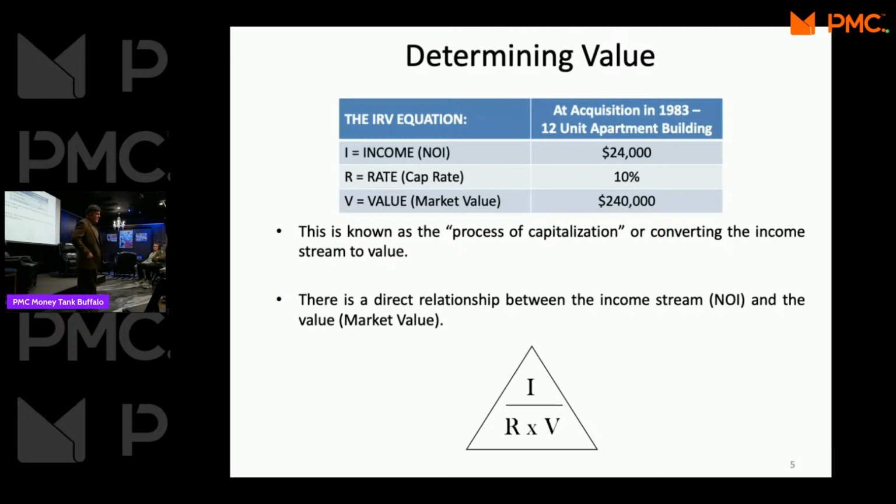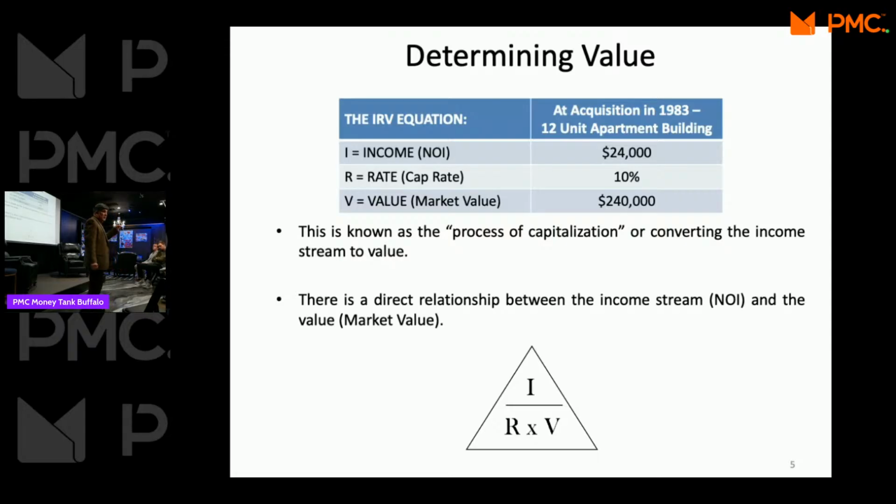Now, depending on where you've been schooled, like if you've been schooled through the Institute of Real Estate Management, the concept is the same, but they use different terms. If you were schooled through the Commercial Investment Real Estate Institute, the concept's the same, but different terms. But it gets you to the same place.